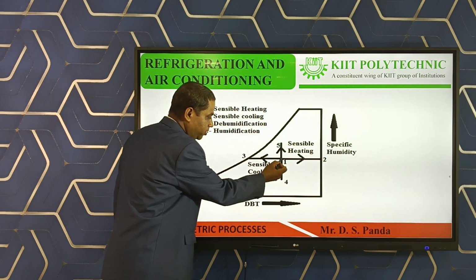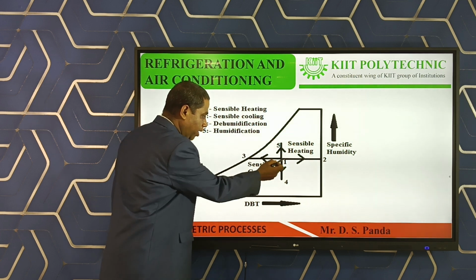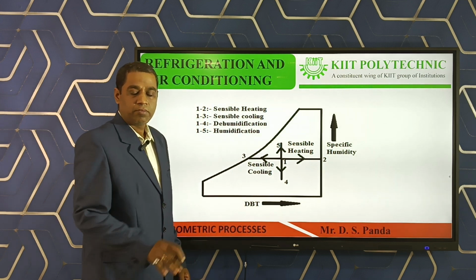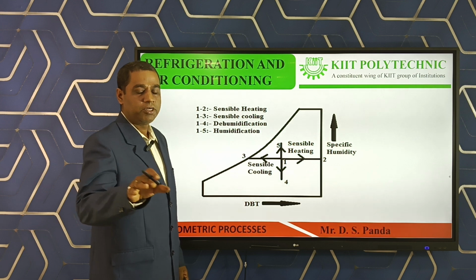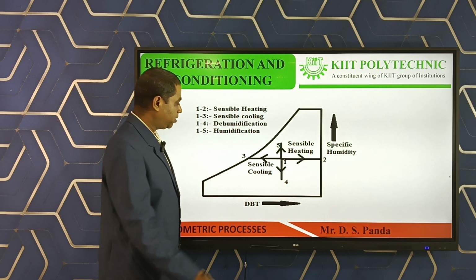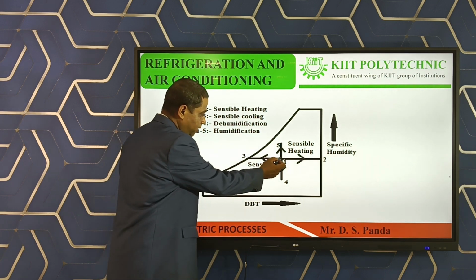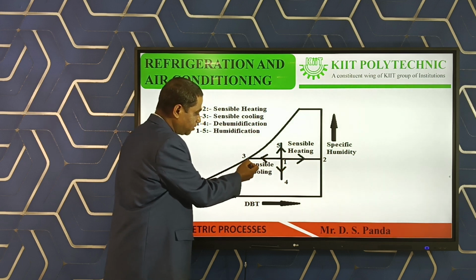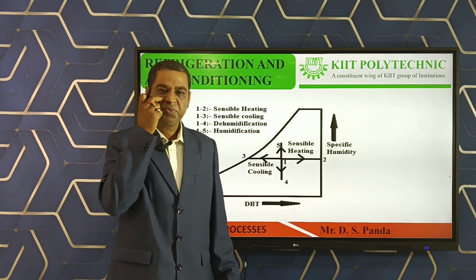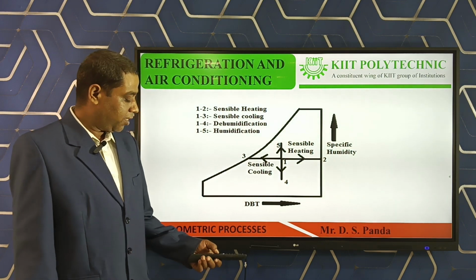Here also the specific humidity between 1 and 3 is the same. At the point also the specific humidity is the same, but the dry bulb temperature decreases from the initial state of air 1 to the final state 3. That is sensible cooling.